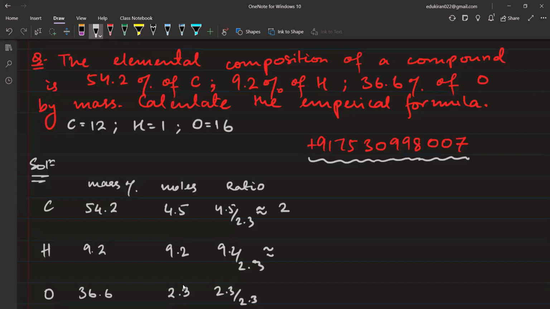And then 9.2 divided by 2.3 will be approximately equal to 4, because 4 2s are 8 and 4 3s are 12, right? So 8 plus 1.2 will be equal to how much? 9.2. Okay, so this is equal to 4. Then 2.3 divided by 2.3 will be equal to 1. So now the formula is C2, H4 and O.